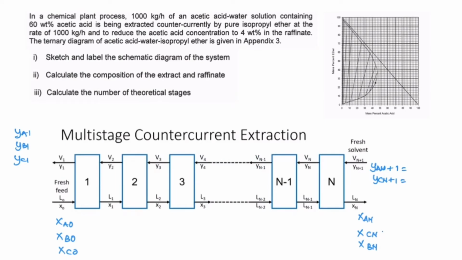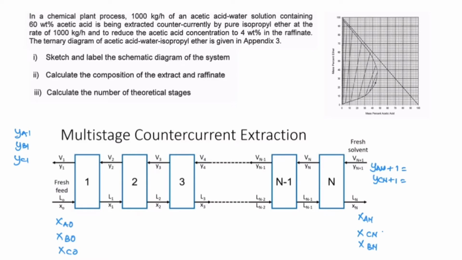In a chemical plant process, 1000 kg per hour of an acetic acid water solution containing 68% of acetic acid is being extracted countercurrently by pure isopropyl ether at the rate of 1000 kg per hour, to reduce the acetic acid concentration to 4% in the raffinate. The ternary diagram of the acetic acid water isopropyl ether is given in the appendix.